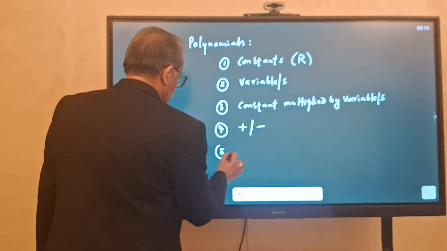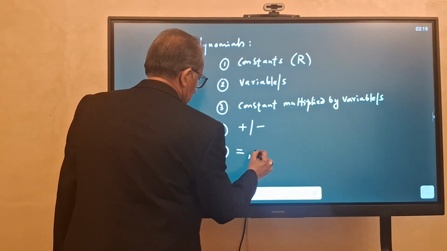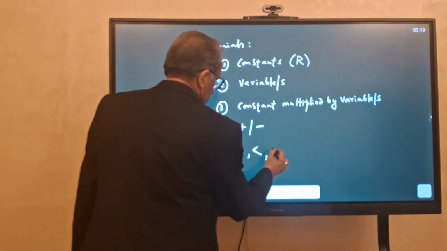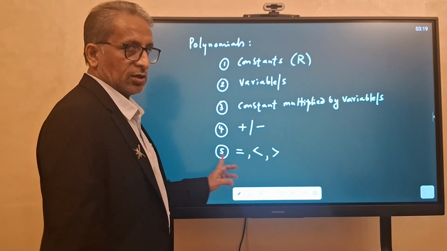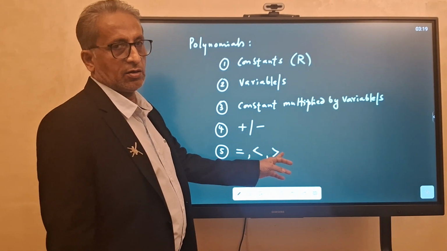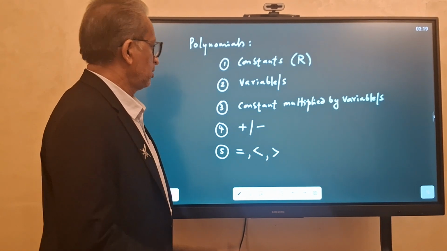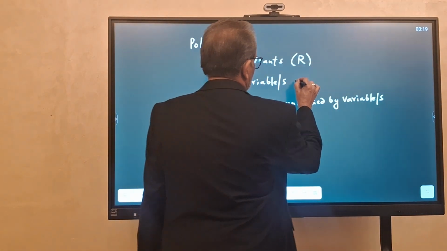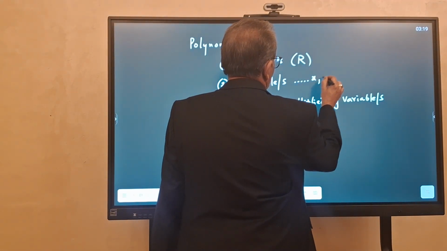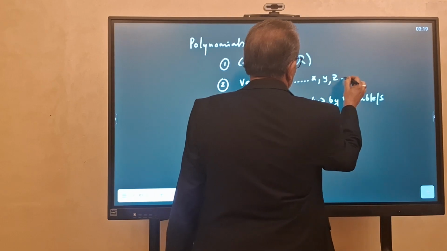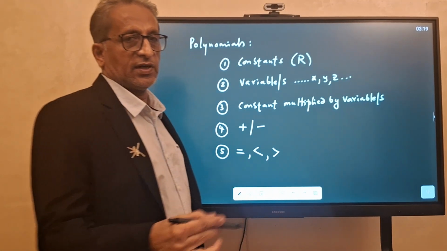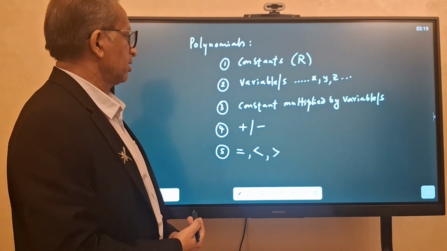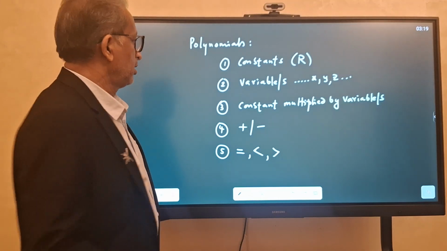It should not have these relations, that means equal, less or greater. And the most important thing is the variable, denoted by x, y, z, any letter.